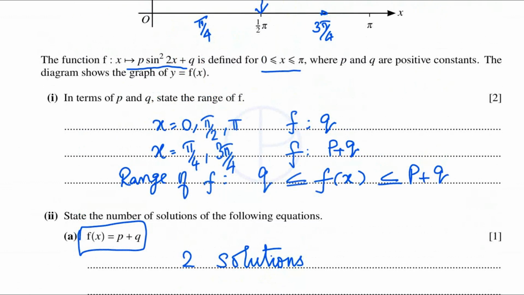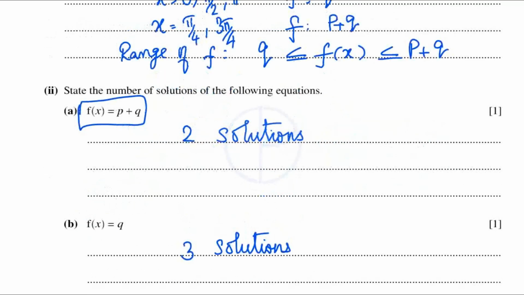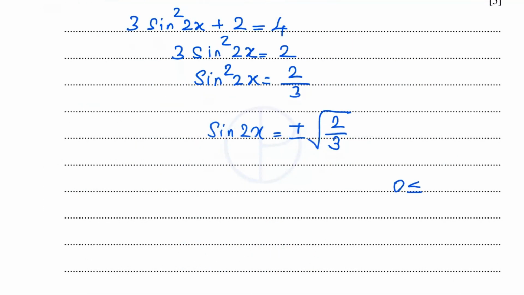Here the range is 0 less than or equal to x less than or equal to pi. This is the range for x. To get the range of 2x, multiply by 2. So 0 less than or equal to 2x less than or equal to 2 pi.